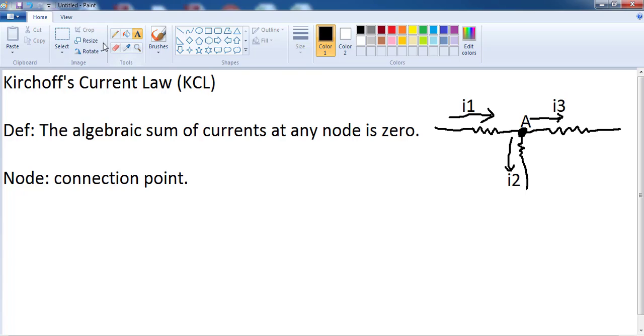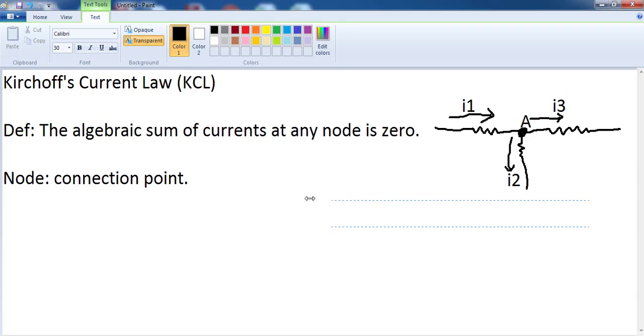And if current is going away from a node, like I3 and I2, because current is coming through I1, then at node A, I1 is splitting into two, I2 and I3. So I2 and I3 are leaving the node, and we call it positive current.